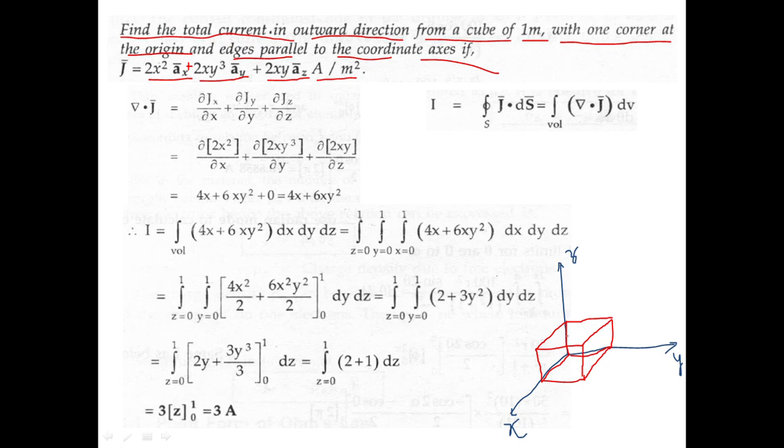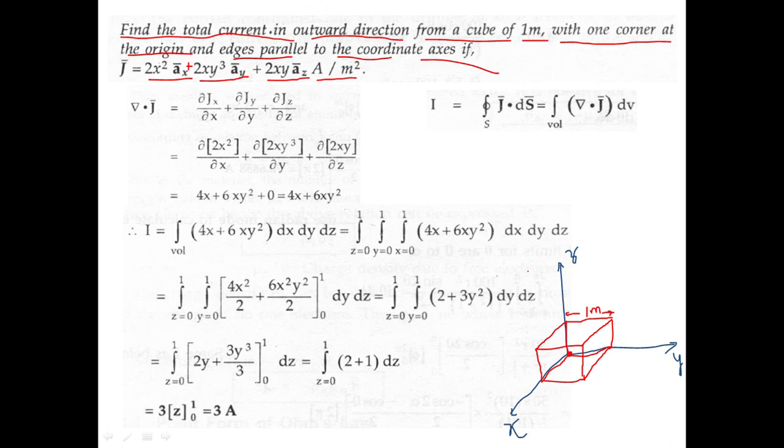So there's a cube of 1 meter. So here this length is 1 meter. All the sides it is 1 meter, right? And the corner is placed in the origin here, right?